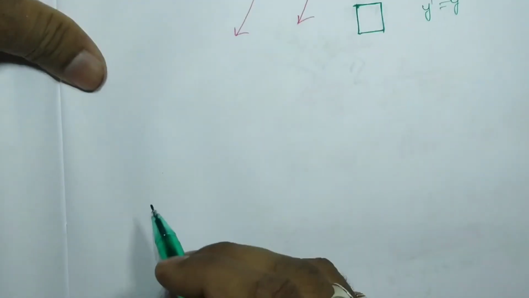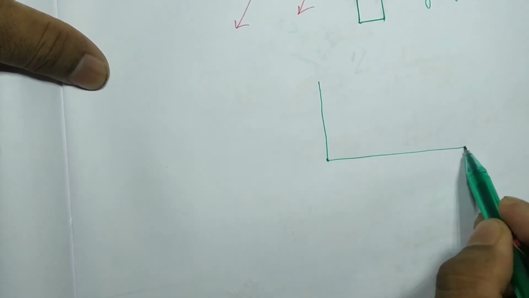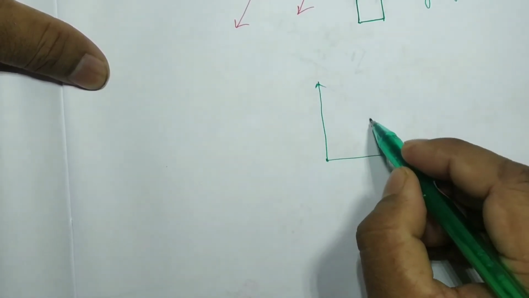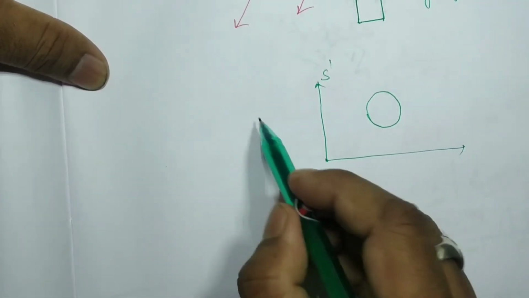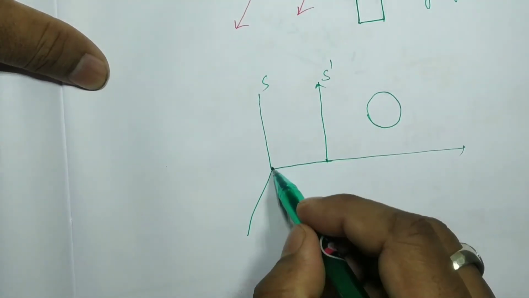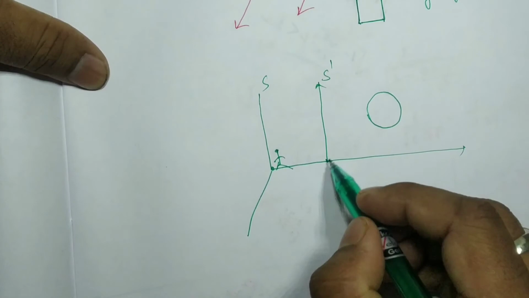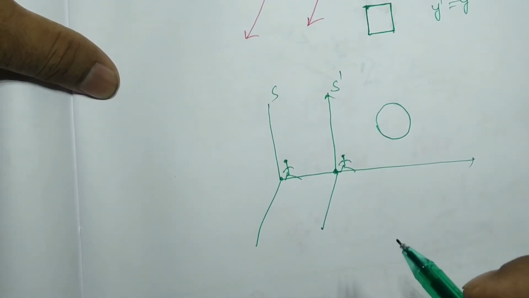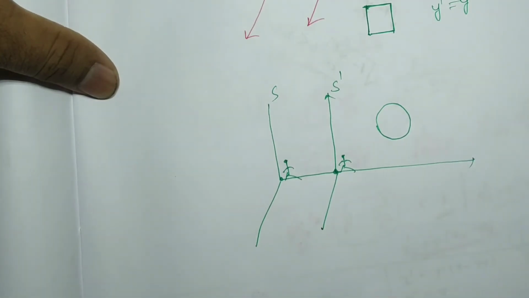Likewise, suppose we consider a circle which is at rest in the S dash frame.